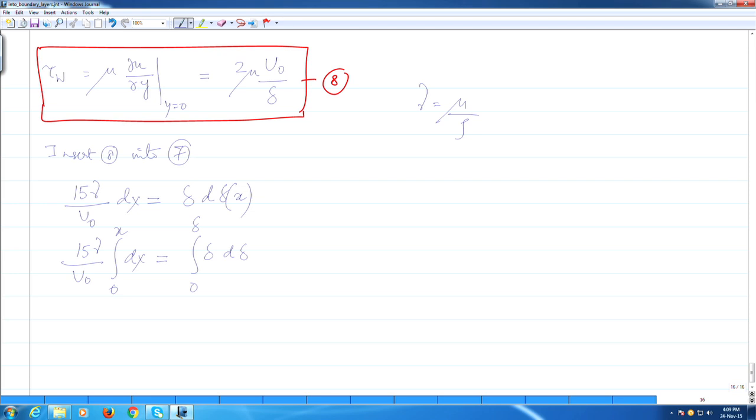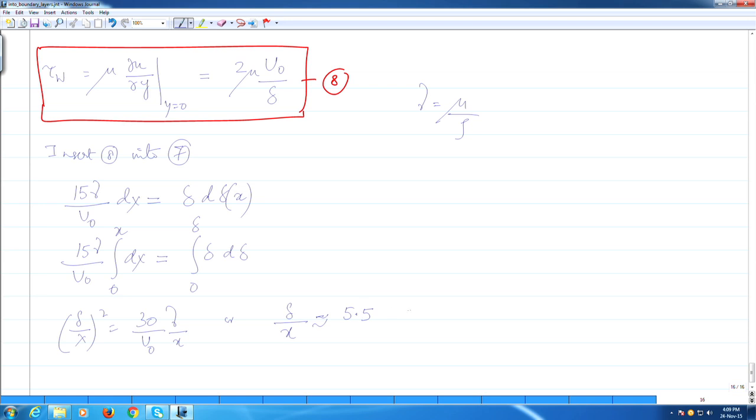If I do that, what I essentially get is delta by x is equal to 30 by u naught nu by x.